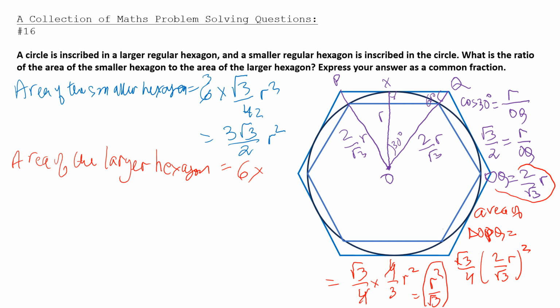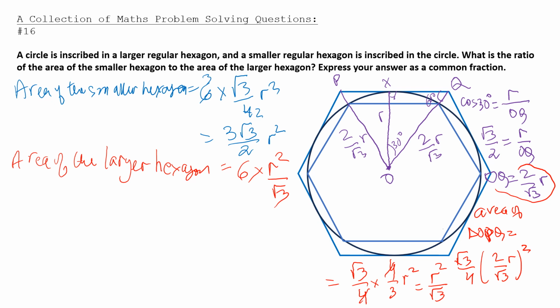It's a mistake. Don't know why I do this all the time. But what I get is R square divided by root 3. So 6 times R square divided by root 3. So that's the area of the larger hexagon.